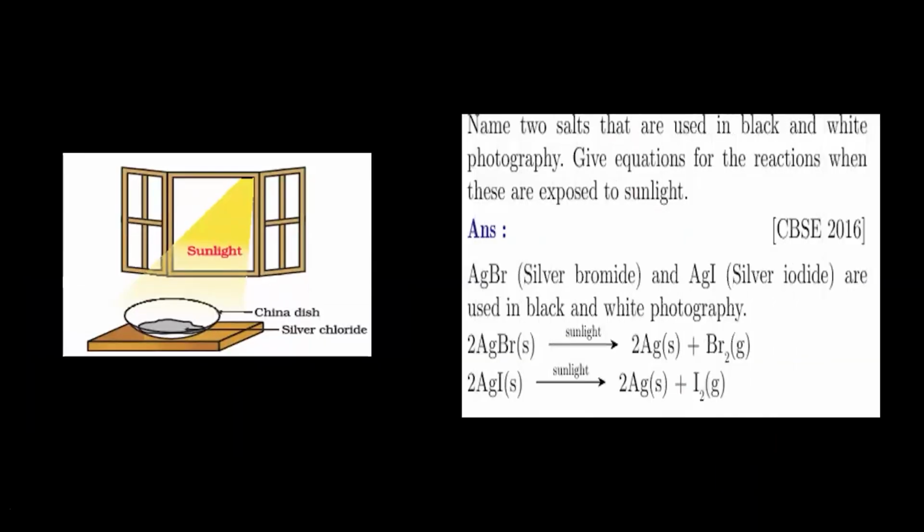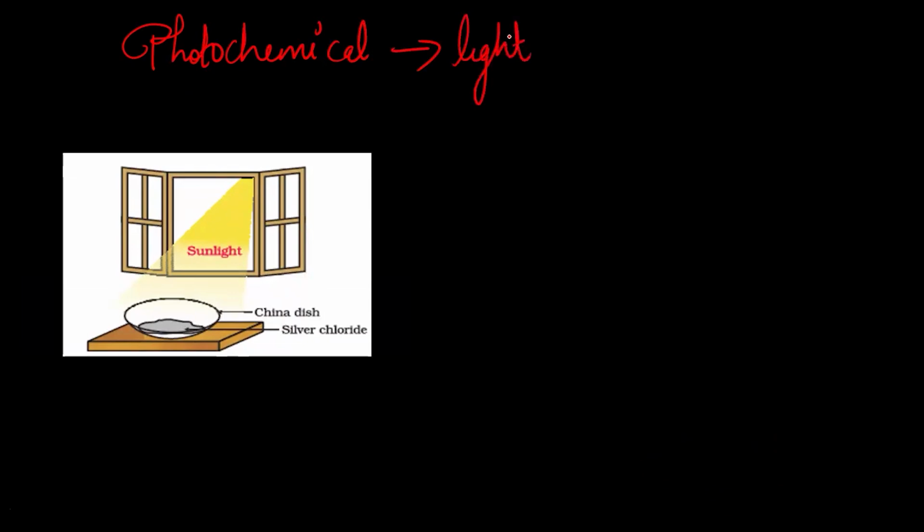Now moving to the third type of decomposition, that is photochemical decomposition. Photochemical decomposition takes place in the presence of light. You can see here in the china dish there is silver chloride, AgCl, and it is white in color.